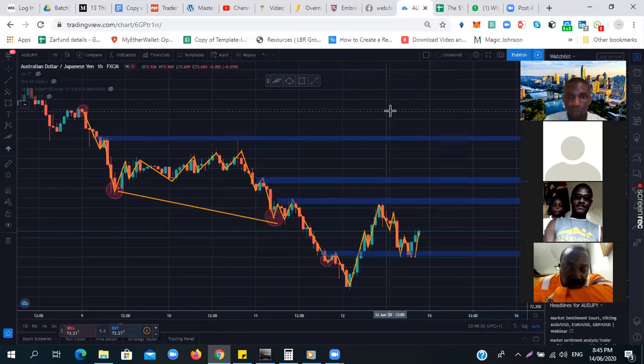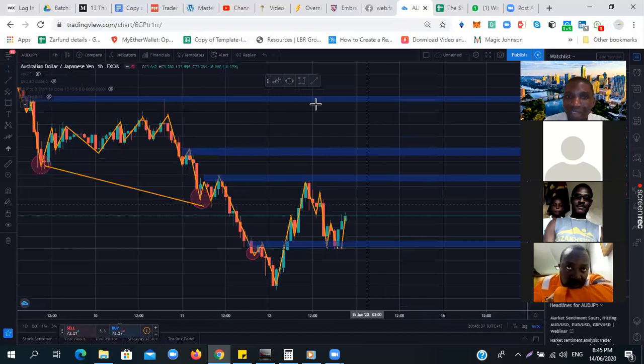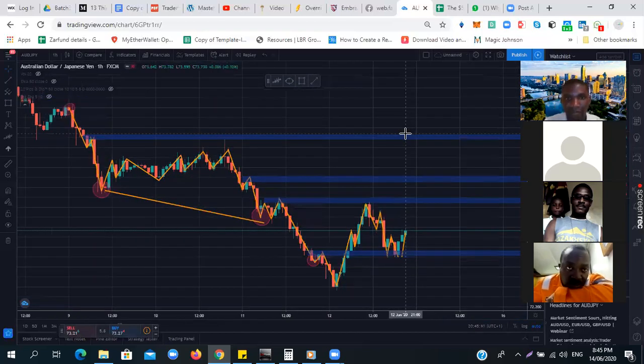All right. So when you see what we've done now, you will notice that at these structures that have been created, that is where we have opportunities for trading next time. Once a structure is formed, it gives us an opportunity for a future trade.